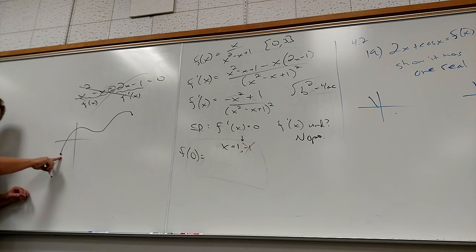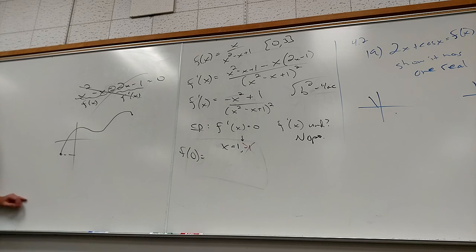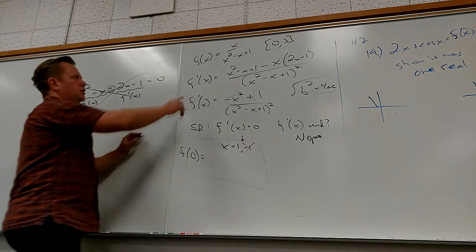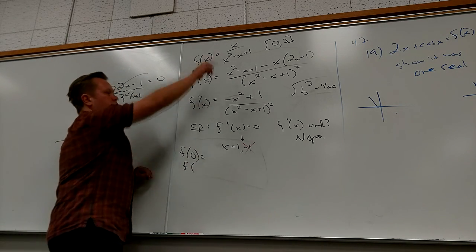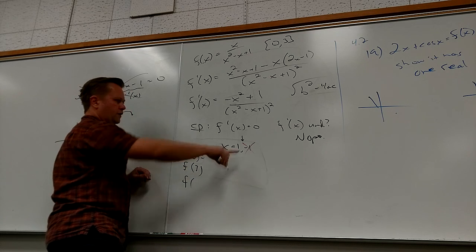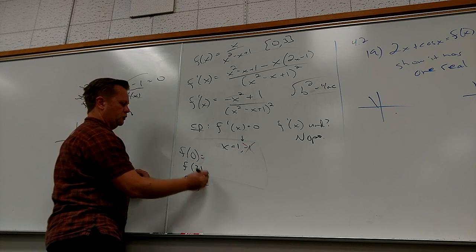Positive, but this is an absolute min. So how do you tell it's a min? You got to know what the function output is. So of course you're going to plug these into the function, not into a derivative. I don't care what the slope is there. I want to see who wins. So f of 0, f of 3, and of course f of our surviving critical point.